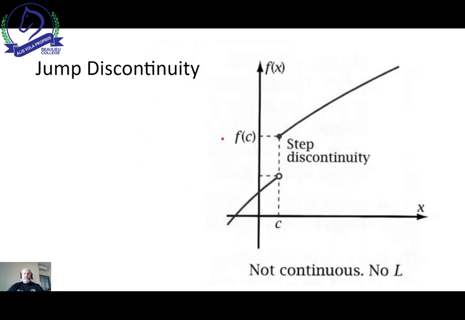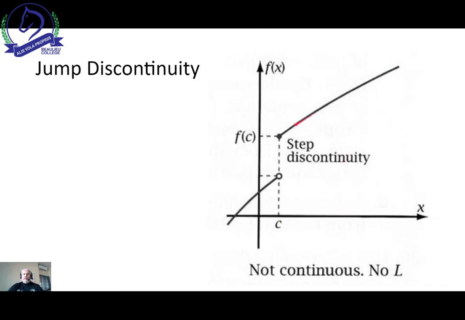Then we move to the jump discontinuity, and this is another one that we're going to see more often in split functions, like the graphs that we looked at in the last lesson, last week. In this case, as you can see, if I approach c from the left, the limit approaches a particular value, which is completely different from the value that the function approaches as you approach c from the right.